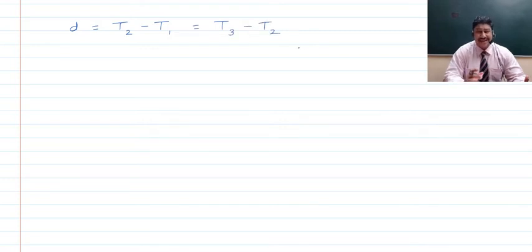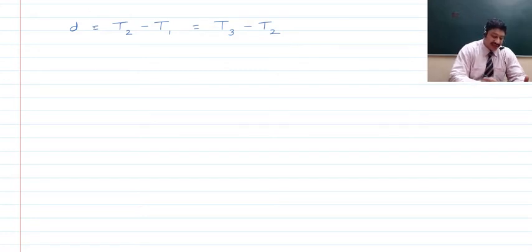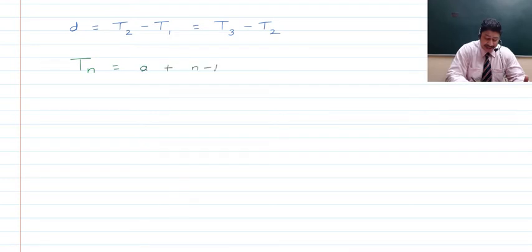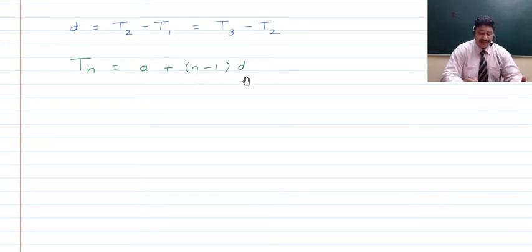So this is the basic characteristic of an arithmetic progression. After this, the next rule is for the nth term: Tn, or the nth term, is given by a plus n minus 1 times d. Here a is the first term, n is the number of terms, and d is the common difference, right?